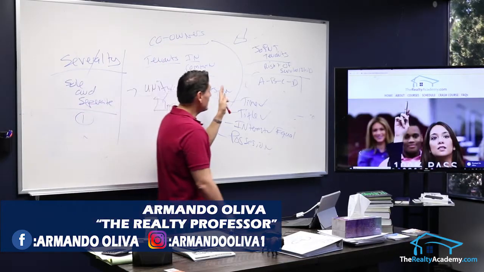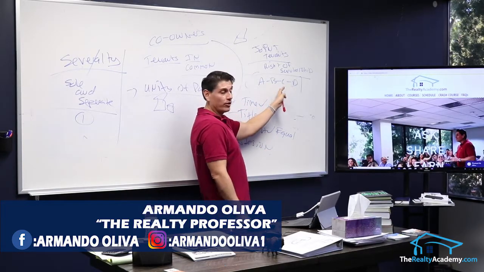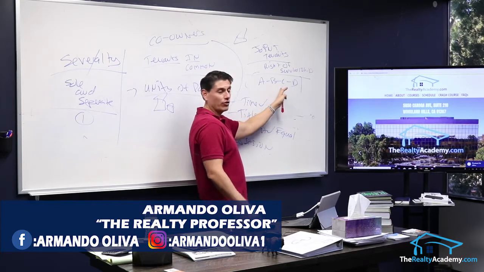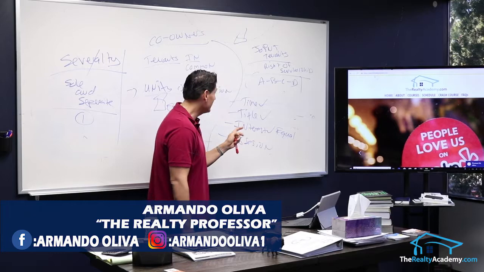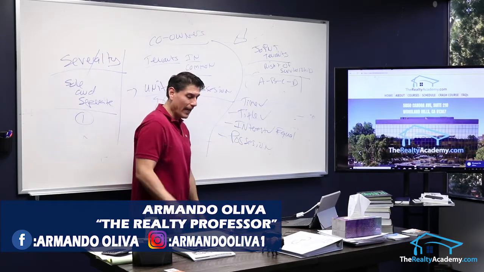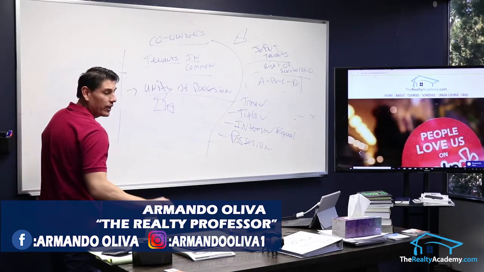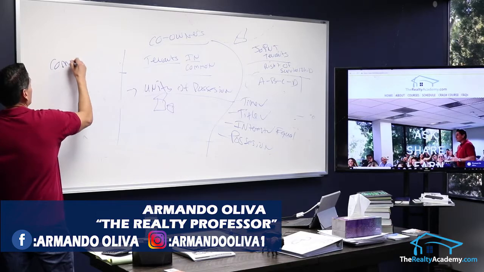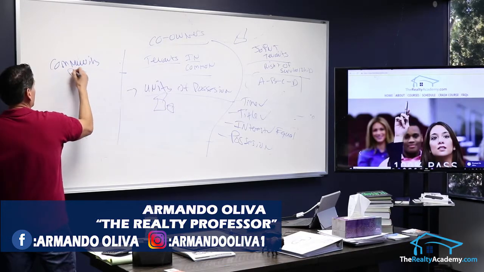And then we have joint tenants, which has the right of survivorship, which means the other parties will get that interest. However, they need to meet the TIP, time, title, interest, possession. And then we talked earlier about the fourth, community property, which is pretty much for spouses.